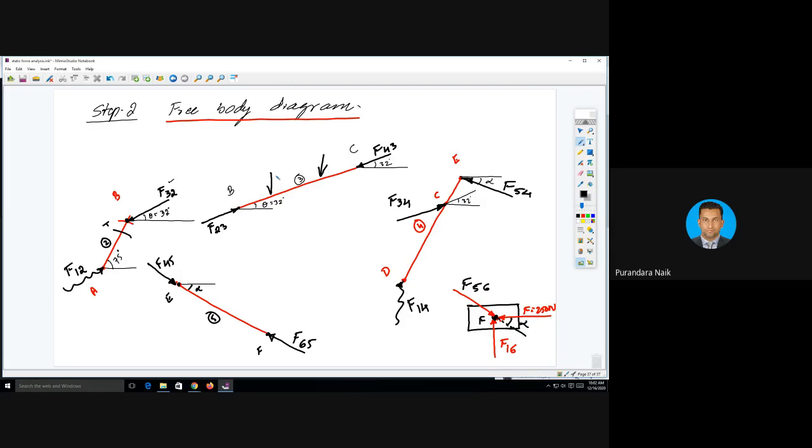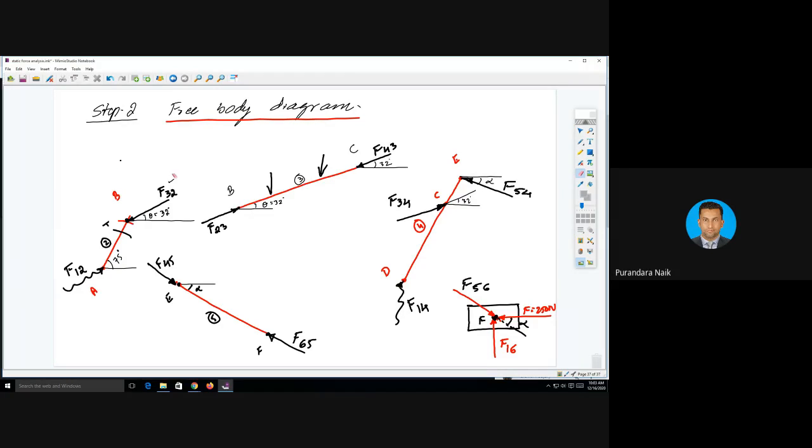If any intermediate force is acting on link number 3, then it would be zigzag. If there is no intermediate force, then it will be along the direction of link number 3. This is very, very important. If you do this correctly, then all other links will be easy. Once you get the force F32, F32 is along the direction of link number 3.